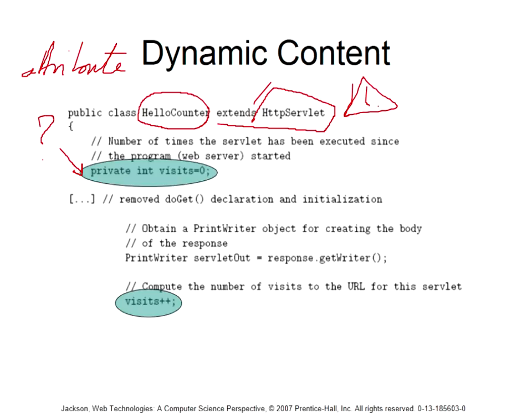Okay? This is our doGet. The first step is to set the content type, etc. After that, PrintWriter servletOut = response.getWriter. After that, visits plus plus. So what's the meaning of this instruction? Visits plus plus.